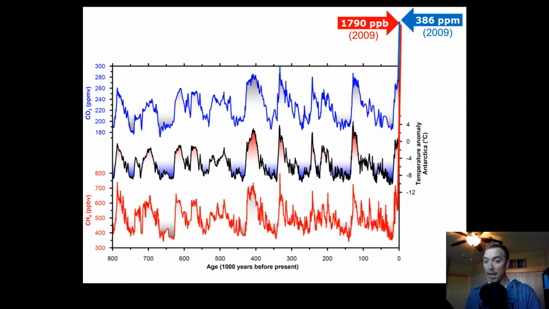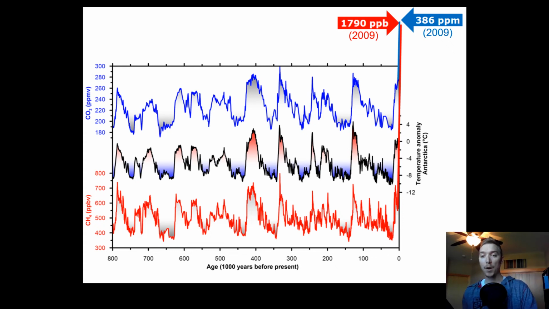So to the right, modern values are indicated by the arrows. So CO2 concentrations when this graph was produced were at 386 parts per million. That was back in 2009. We are over 400 parts per million now. CH4 concentrations were around 1,790 parts per billion back in 2009.